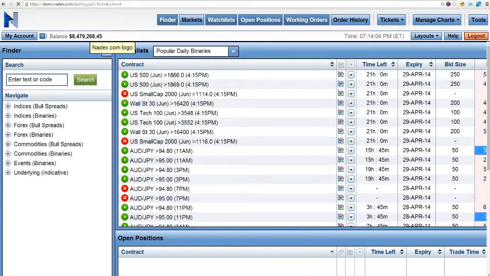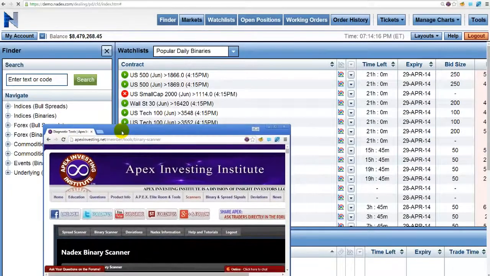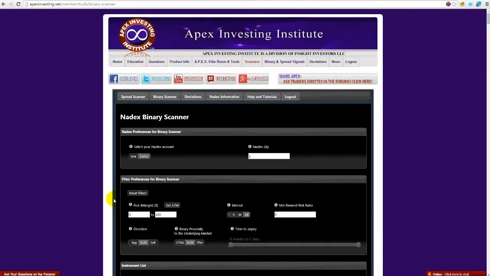And then the one other piece that I'm going to bring you over to is right here on the scanner. We'll be referencing this today because this will help you, because if you're scalping, you don't have time to be clicking around all these different expirations to find the best contract.